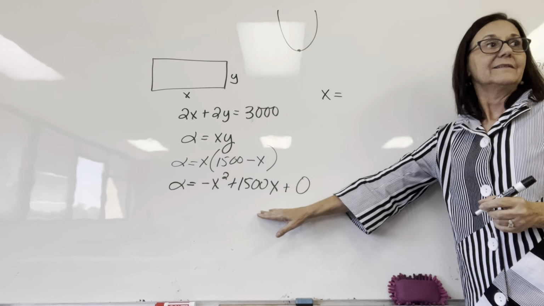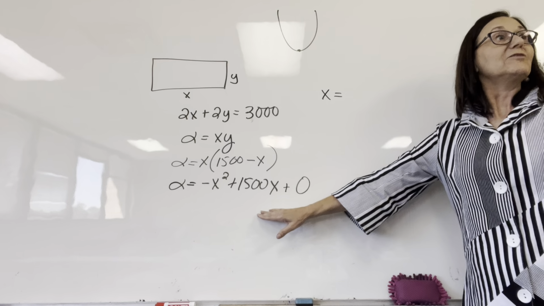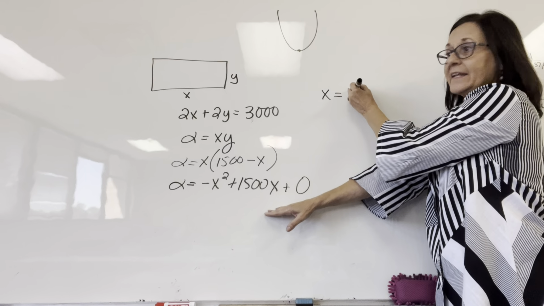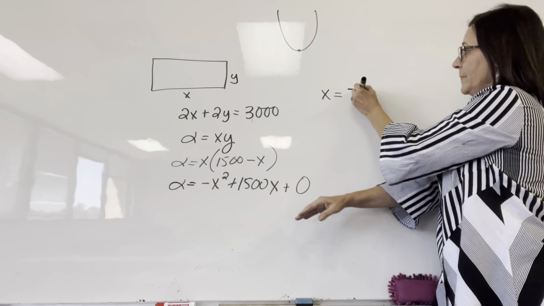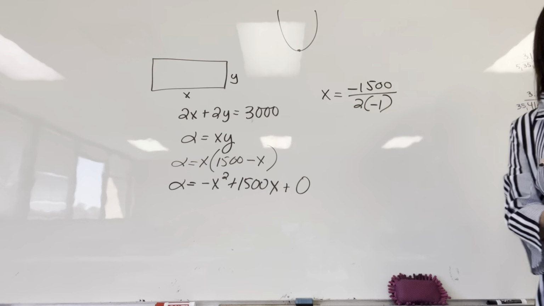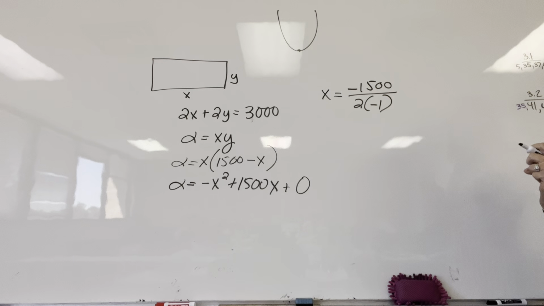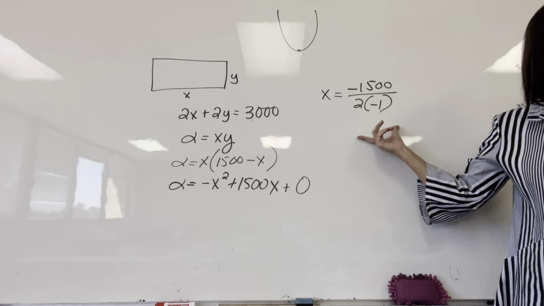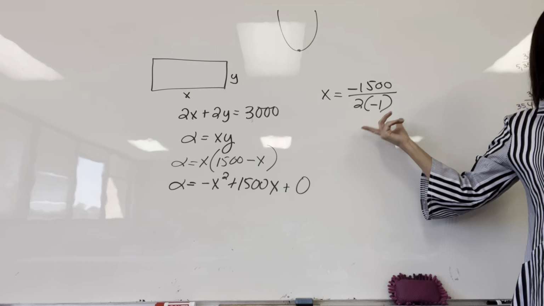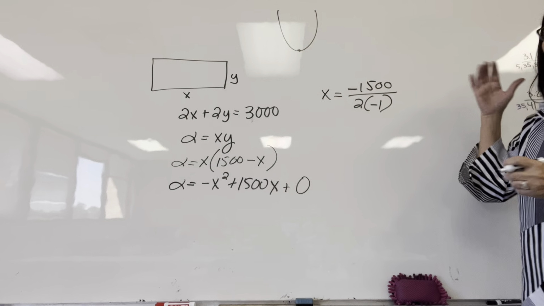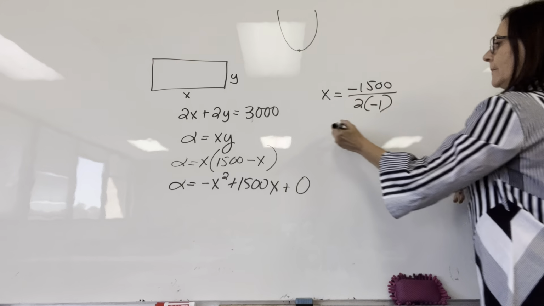First part of the quadratic: opposite of b all over 2 times a. X equals that? 750. The x coordinate of the vertex. What is that? 750.